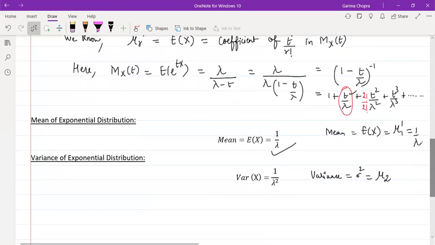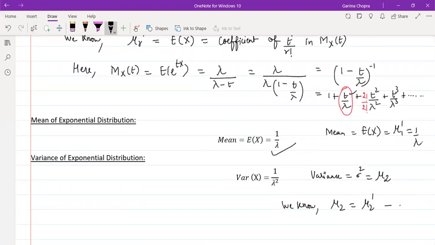And we know that mu2 can be written as mu2 dash, where mu2 dash is the second moment about origin, minus the square of mu1 dash. So this variance, which is mu2, let us put here mu2 dash. We have evaluated mu2 dash as the coefficient of t square upon 2 factorial in the moment generating function, which is 2 upon lambda square.